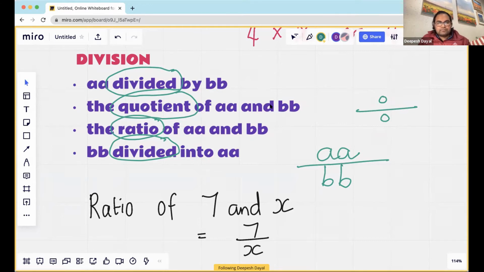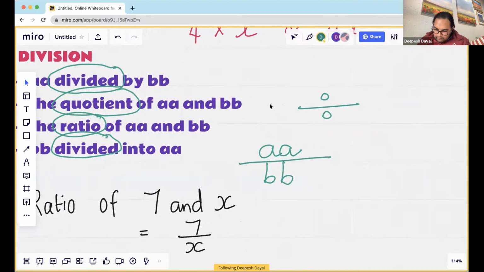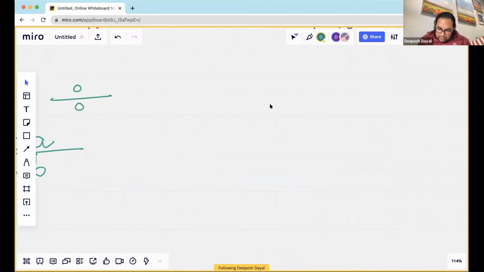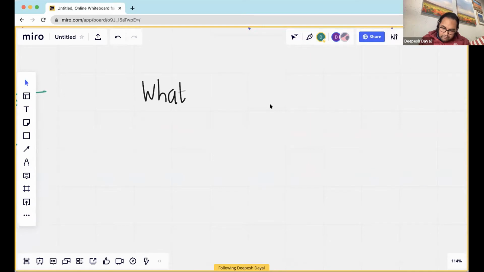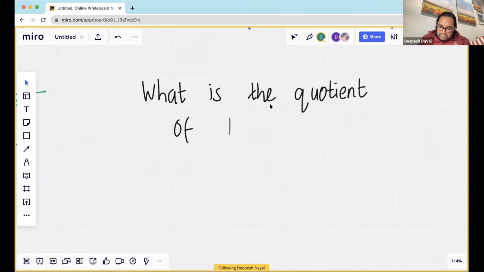Division. Okay, now if I give you another one, what is the quotient? What is the quotient of 14 and Q?